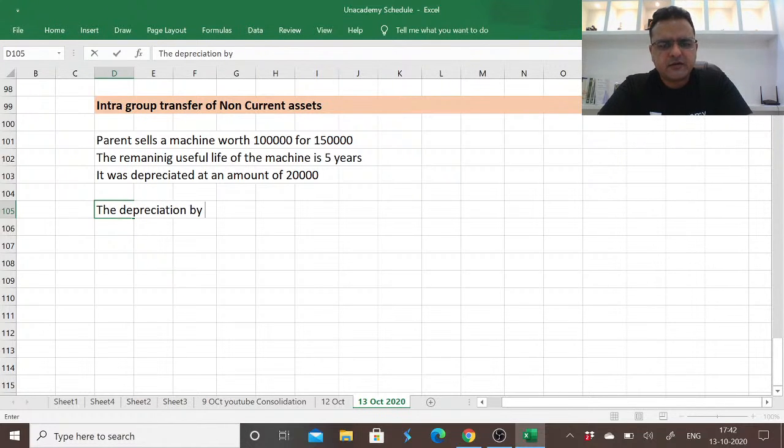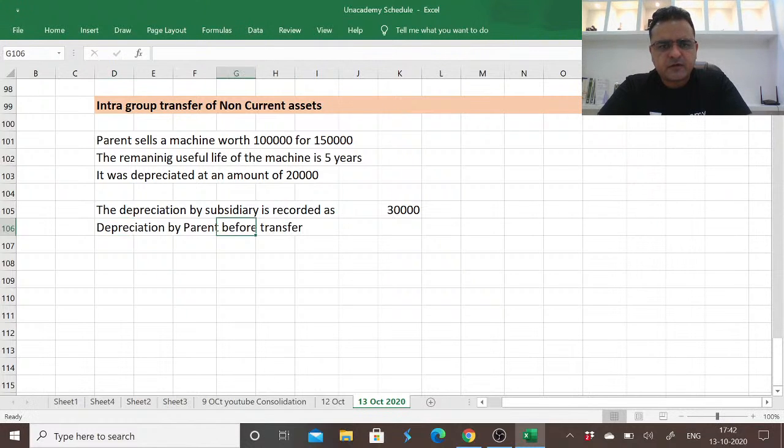Depreciation by the subsidiary is recorded as 1,50,000 divided by 5. They have recorded depreciation of 30,000. Depreciation by the parent before transfer was 20,000.